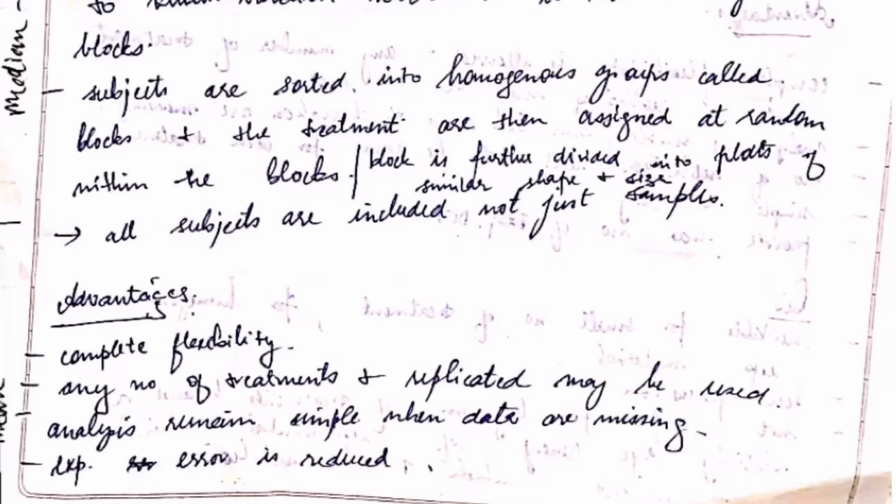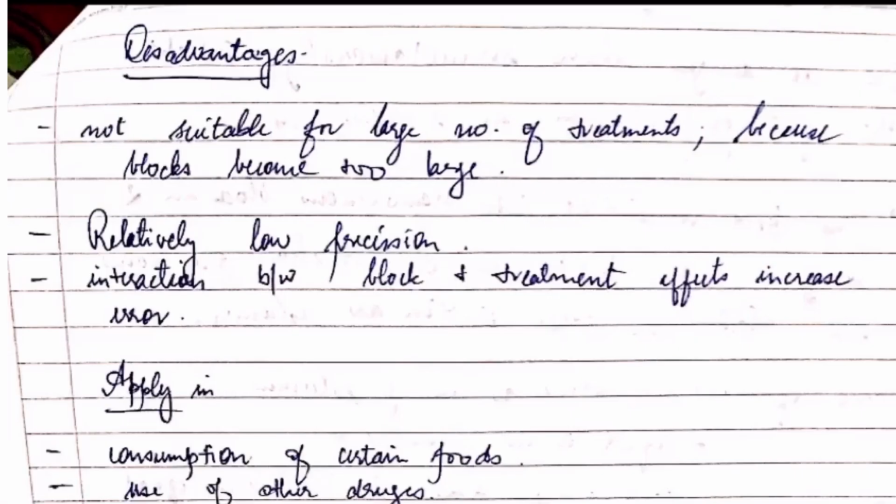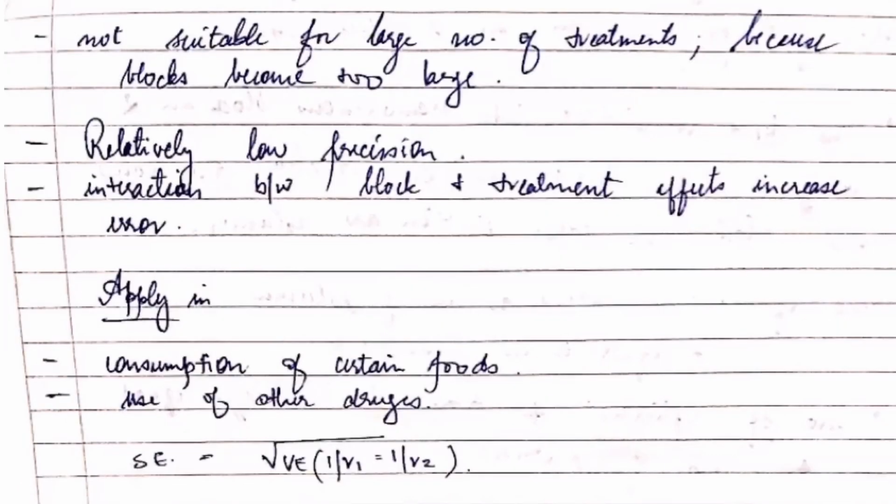There are no restrictions on the number of replications. It has various advantages and disadvantages as well. The standard error is the square root of the error variance, where R1 and R2 are the numbers of replications, which are basically equal. This type of design can be used in fertility production, consumption of certain foods, and use of drugs.